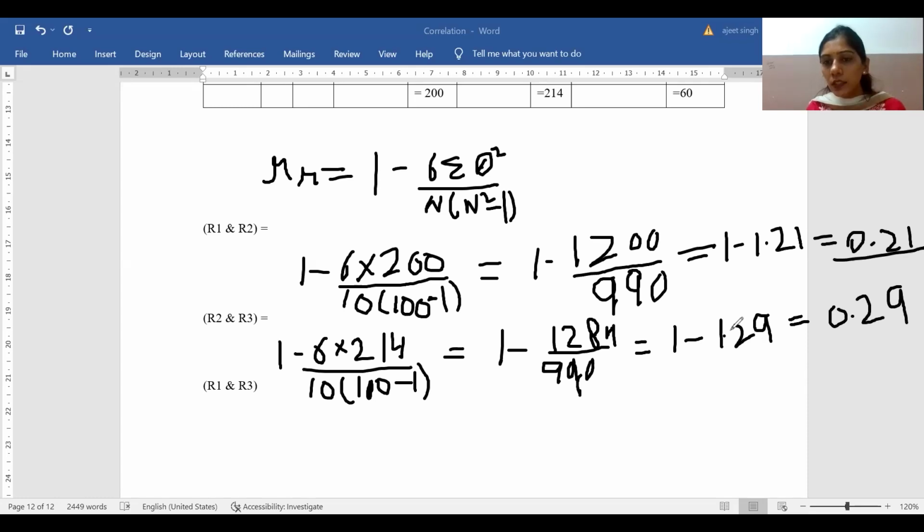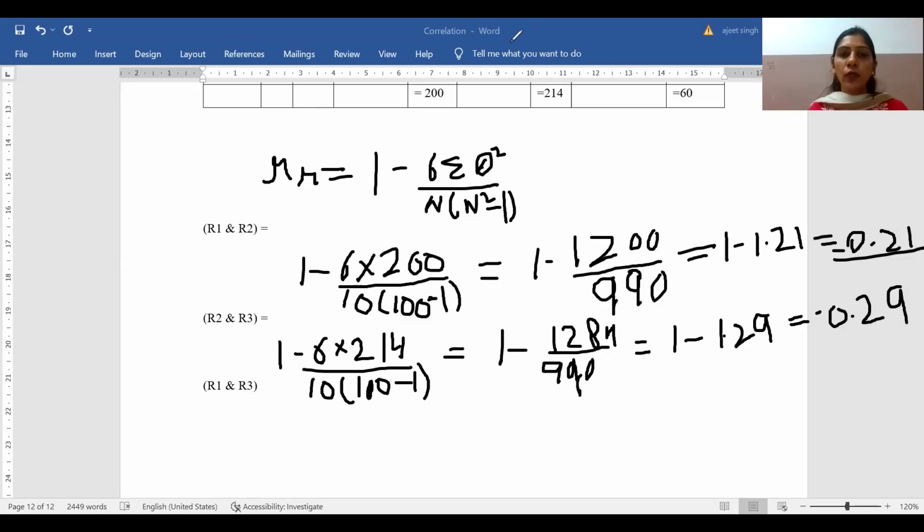So as we can see, this is minus, and this is also minus. So both values are negative, which means there is a negative correlation between the judgment of judge 1 and 2 and the judgment of judge 2 and 3.